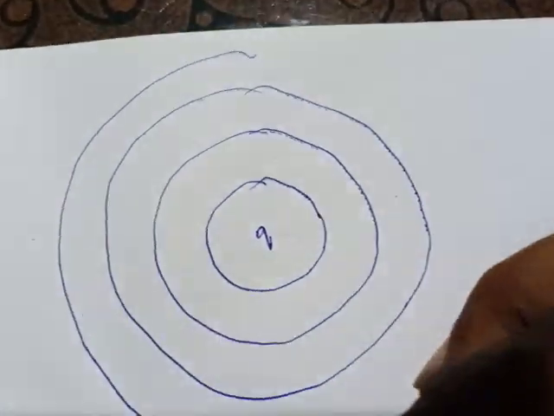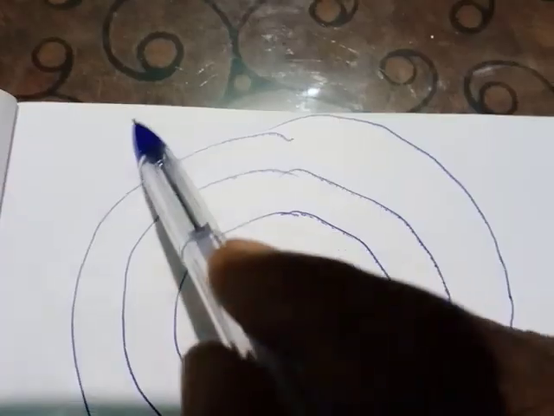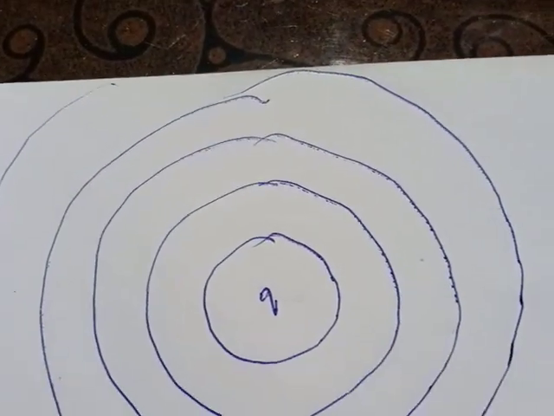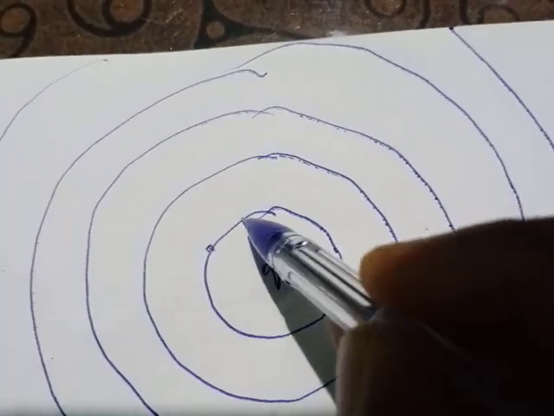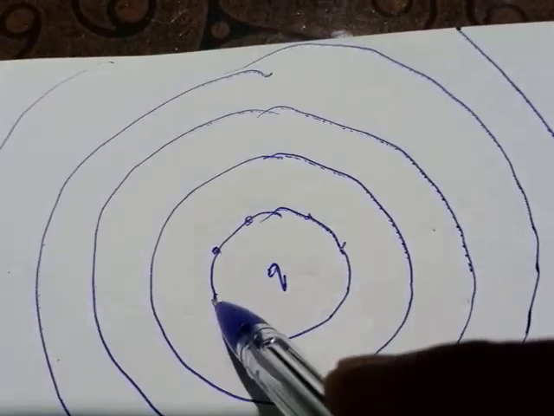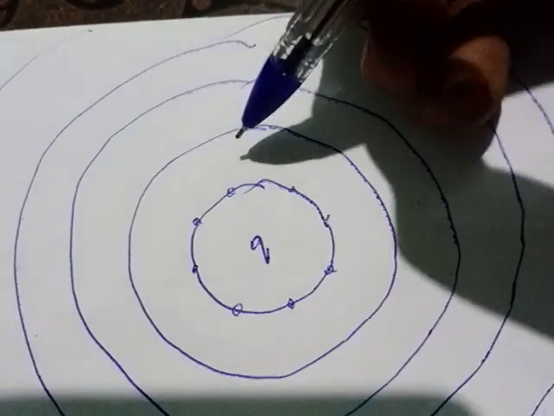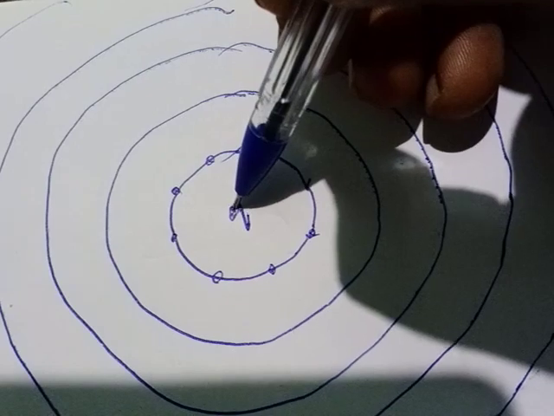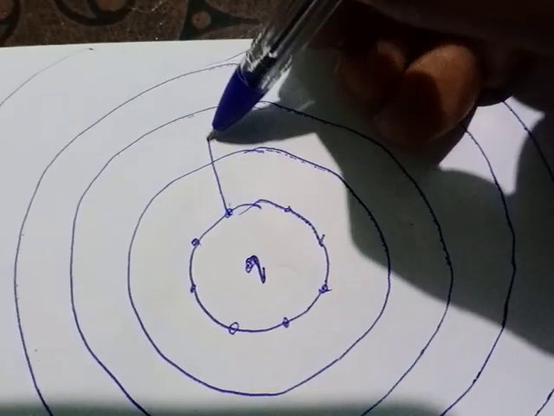So these all we can tell are equipotential surfaces. Now if a charge is there, the electric field will be like this.